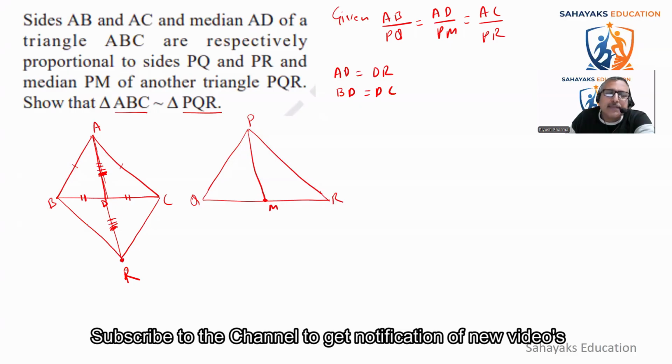Now, in which figure does this happen? It happens only in a parallelogram. In a similar manner, we'll extend PM to a point called S and join it. So here also, this side is equal to this side, and this side is equal to this side, because PM was the median and as per construction we have increased it to this level.